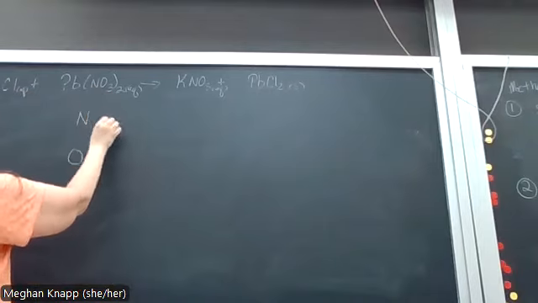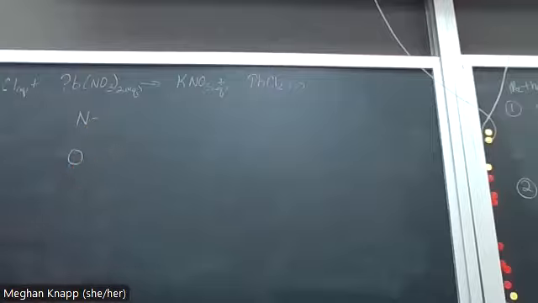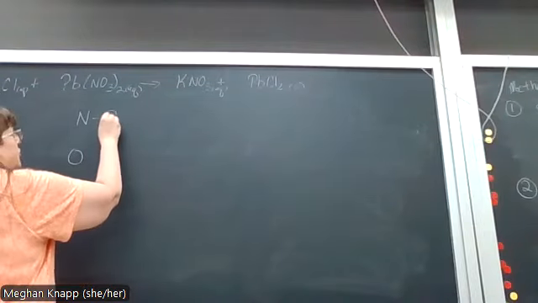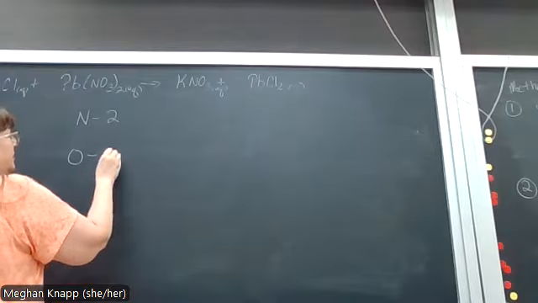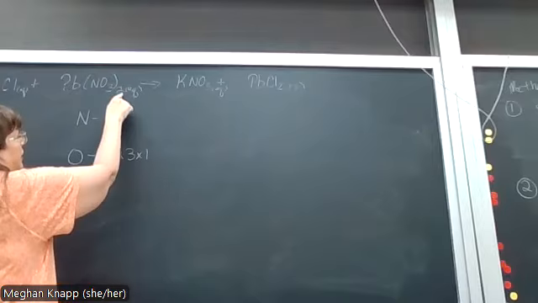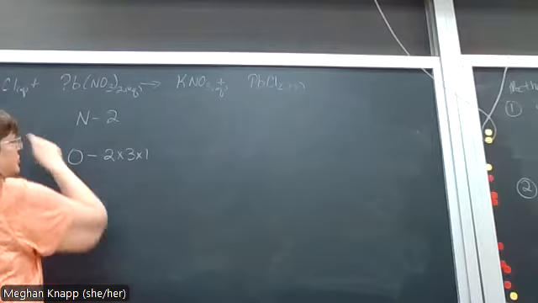2 times 1. So I multiply with the parentheses. I multiply the outside of the parentheses by the inside of the parentheses by the coefficient. So 3 numbers. So 2 times 1 is 2. And my oxygen is 2 times 3 times 1. Outside, inside, coefficient.